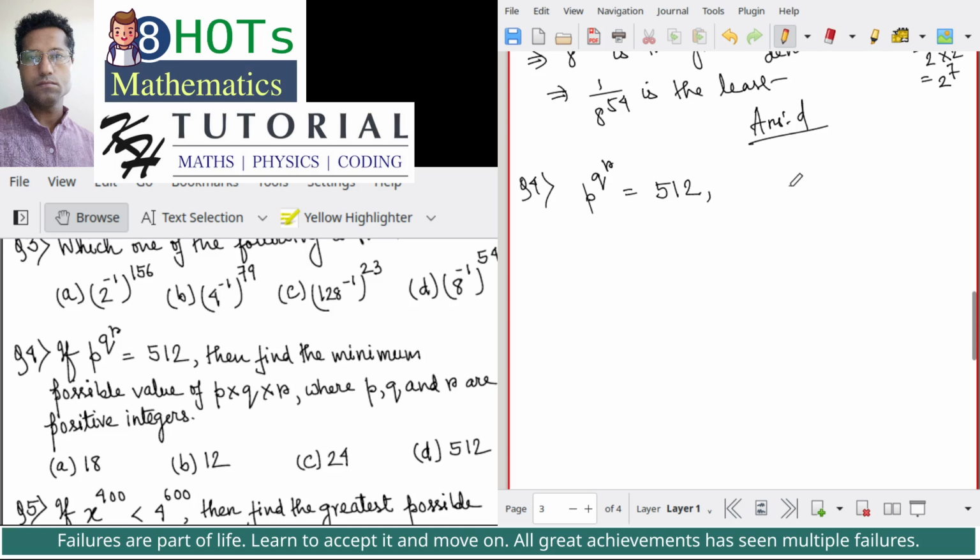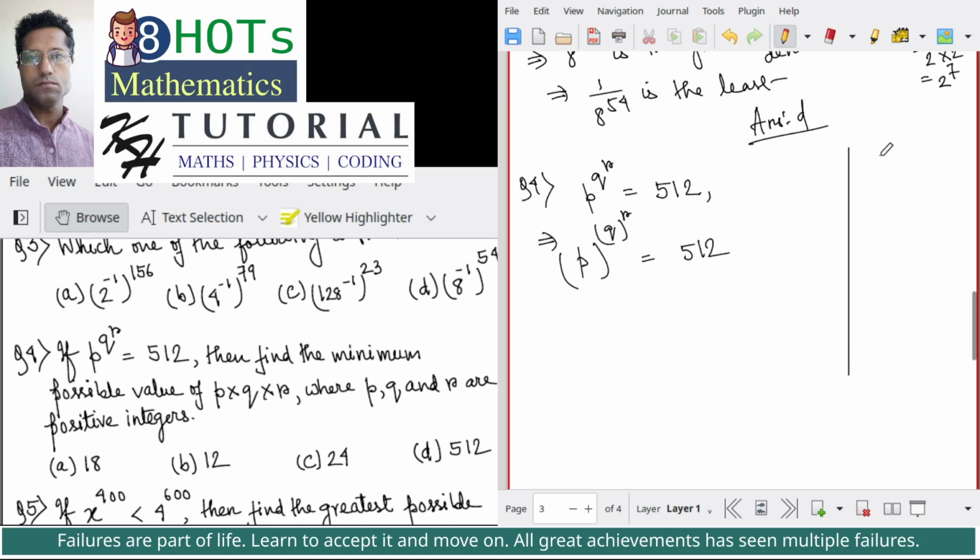Now if you are confused by the left hand side exponential term, it is actually p raised to the power, and that power is q raised to the power r.